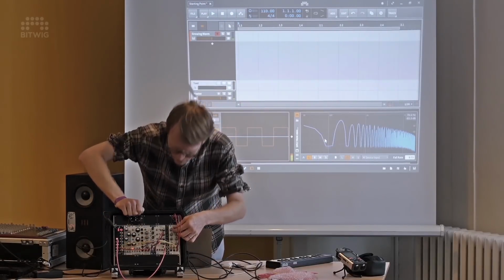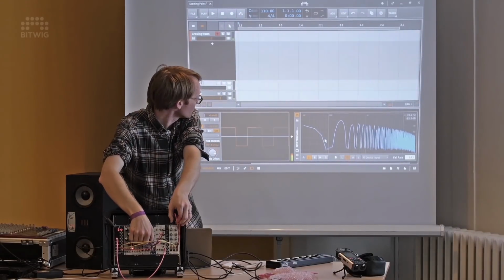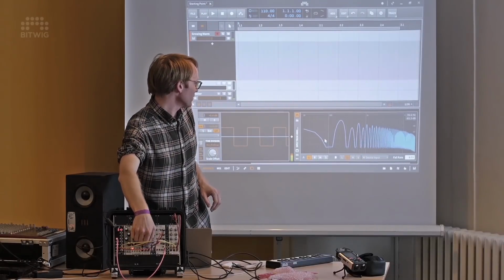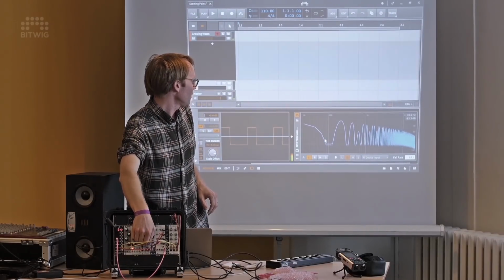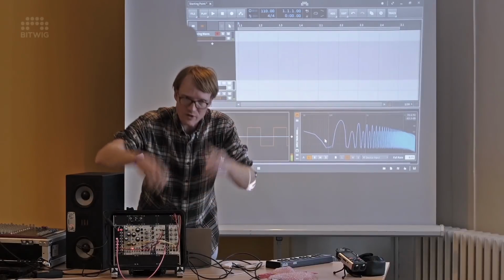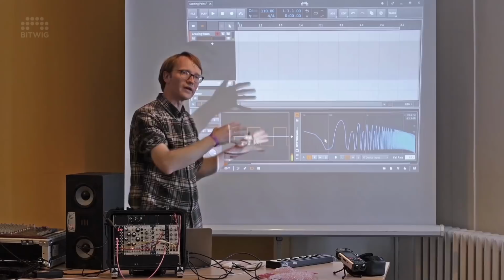So if we switch over to a square wave for a second, or a pulse wave, and as we change the pulse width, we get this cascade of different harmonics being present in different amounts. The only reason I wanted to pull this up is that it actually relates to FM, or phase modulation, in a certain way.